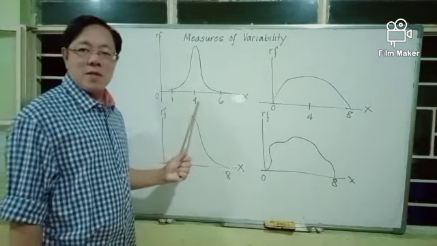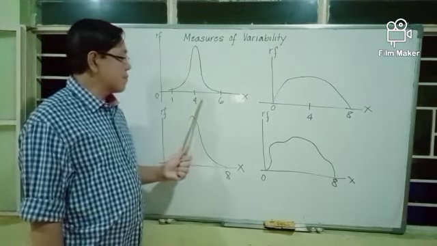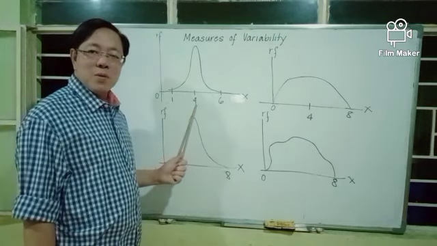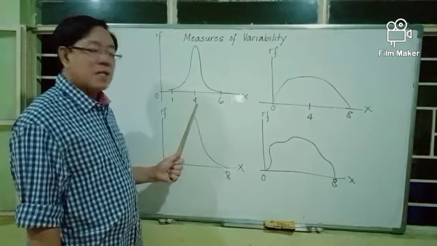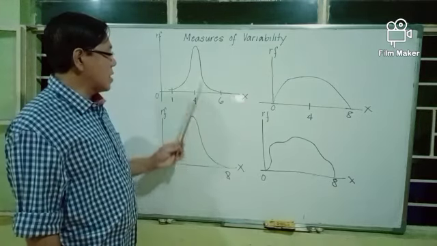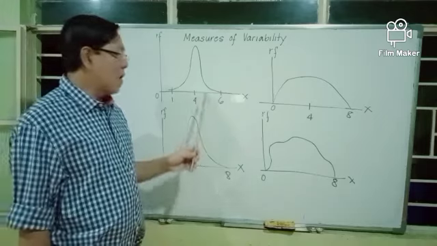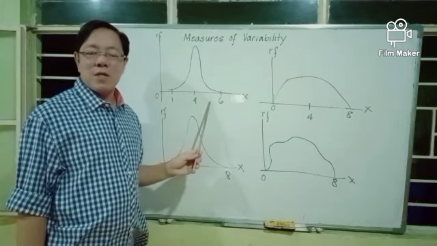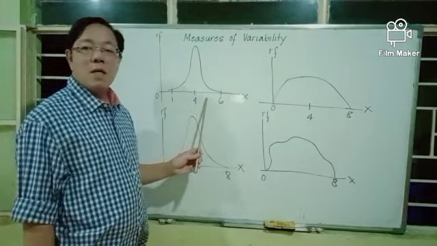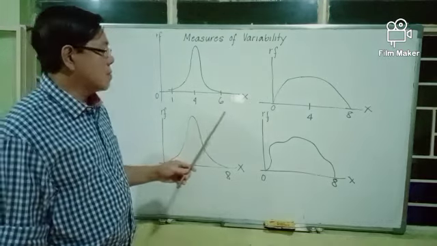In this first graph, the central value is 4. That means the center of the distribution is 4 because 4 is located at the center of this distribution of measurements or values.